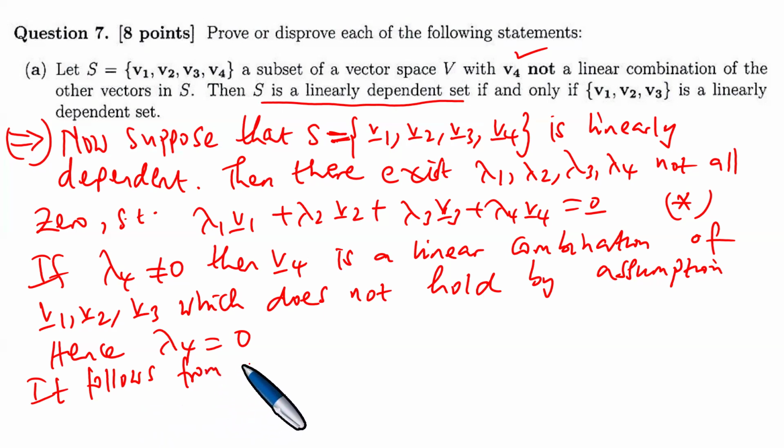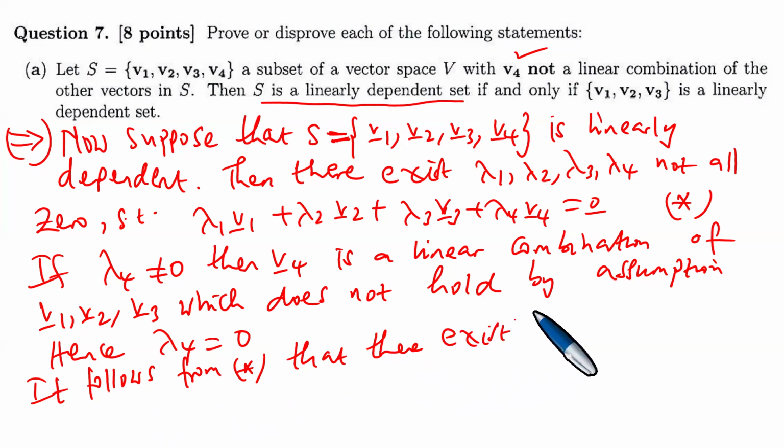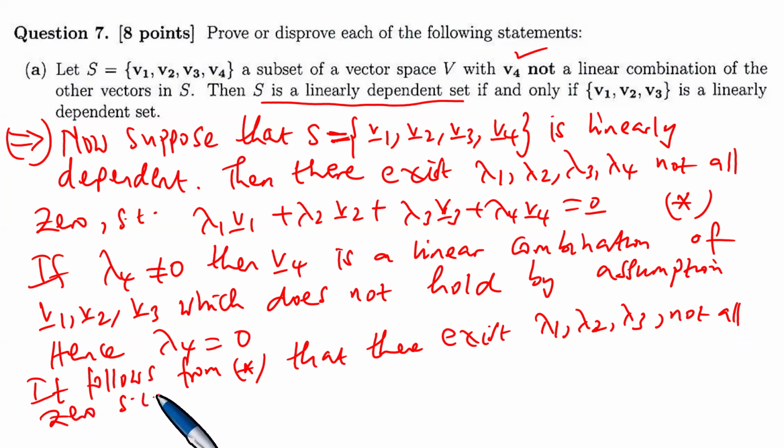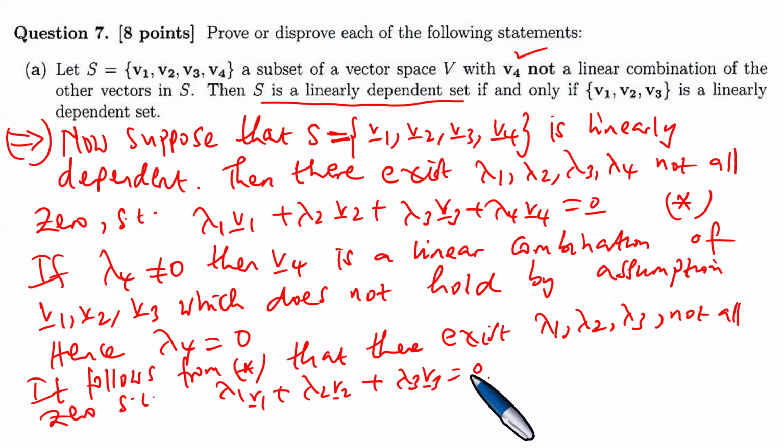It follows from star that there exist lambda 1, lambda 2, lambda 3, not all 0, such that lambda 1 V1 plus lambda 2 V2 plus lambda 3 V3 is equal to 0.